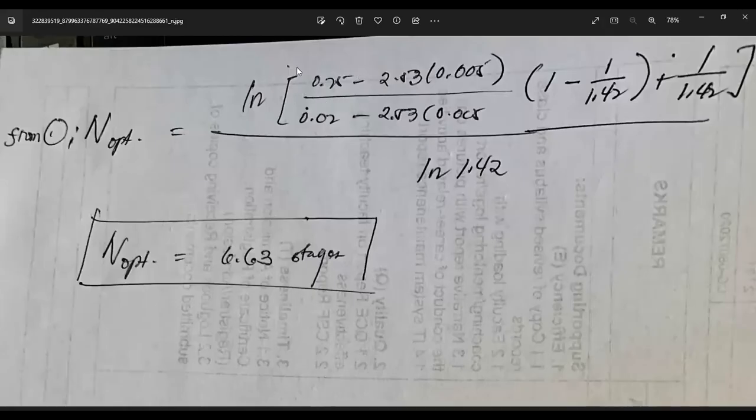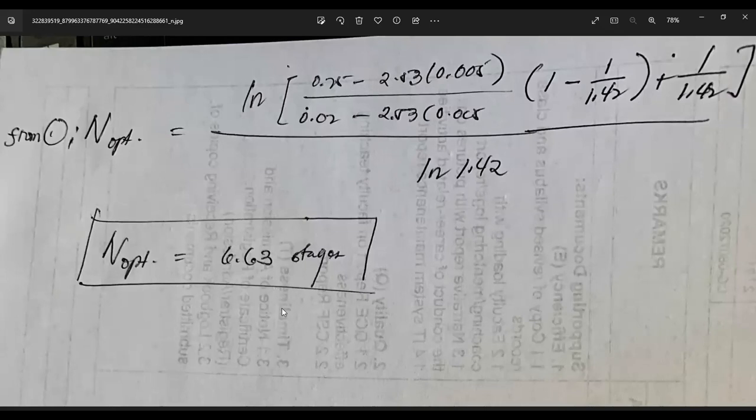So this is your Y1, this is your Y2, this is the M that should be taken from the Y equals MX equation or the equilibrium equation. And this is your X2. And this is the geometric mean of your A's. So your optimum number of stages is 6.63.